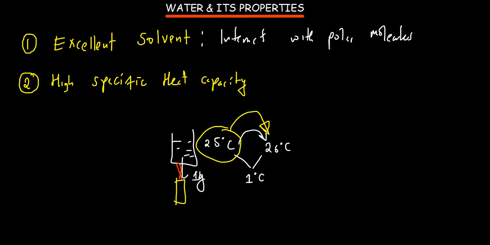In other words, you need a lot and a lot of heat just to change the temperature of water by 1 degree. So for each one of the properties of water, you need to know the definition and the biological importance. So what is the importance of using a lot of heat to change the temperature of water just by 1 degree Celsius? The importance of that is this.